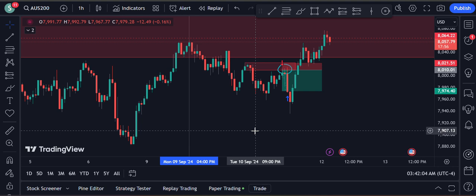At the end, we'll be journaling all of it, and after the 100 trades, we'll be analyzing our journal, what we did wrong or what we did right. We'll try to eliminate all the things that we did wrong so that we can be at better accuracy.